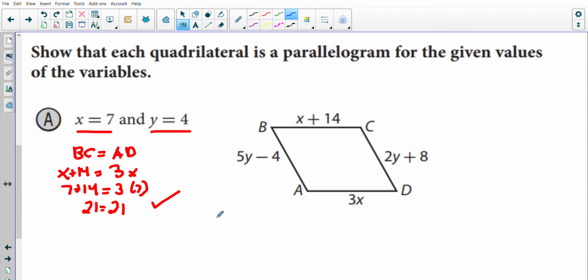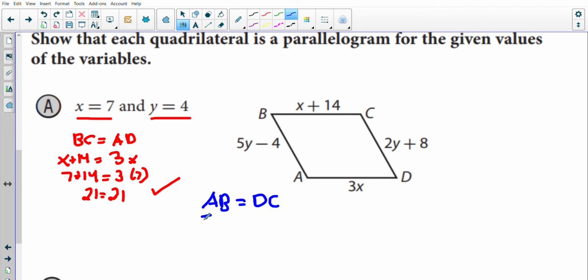Now, that doesn't quite give us a parallelogram. We have to be sure that AB is equal to DC. So we plug in these lengths in terms of y. So I'd say 5y minus 4 is going to be equal to 2y plus 8.